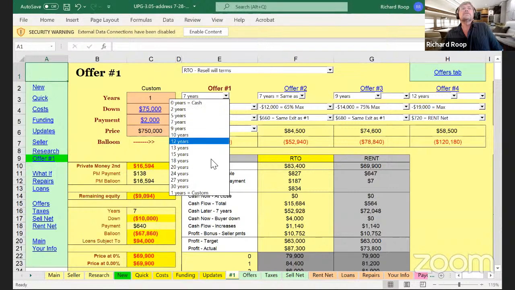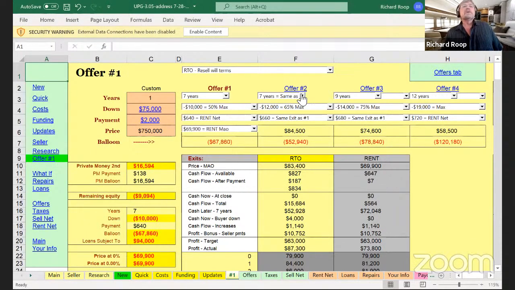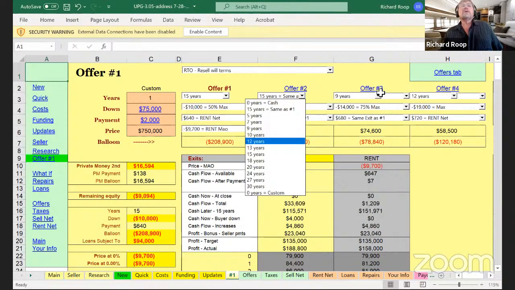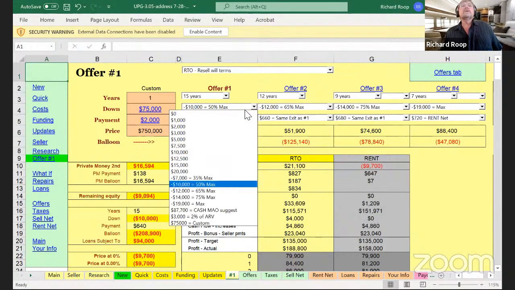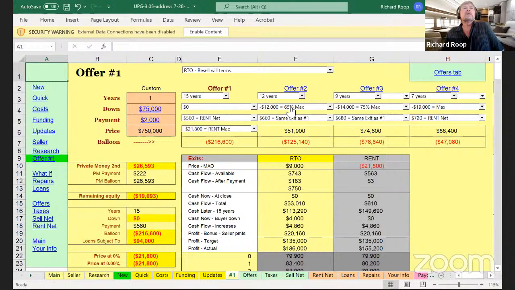And on this part of the deal structure, I usually start with 15, 12, 9, and 7. In this case, it would be no money down. In fact, we have negative equity available, it looks like, because of the repairs.